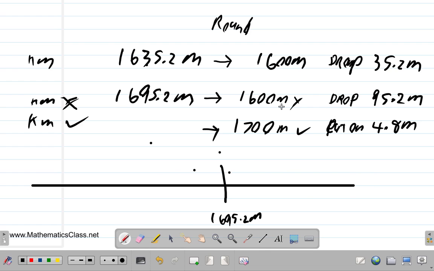You see, with the 1600 meter, you take off the 95.2 meter. With the 1700 meter, it is just the 4.8. So you're nearer. When you follow the rule of rounding off, you're closer to the original number. Right? So you see, that is why they have that rule of rounding off.